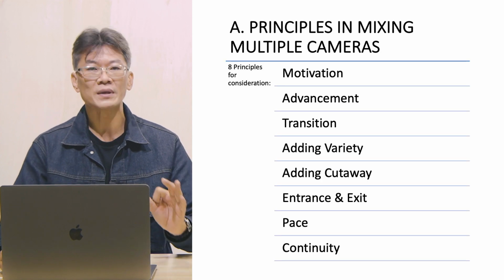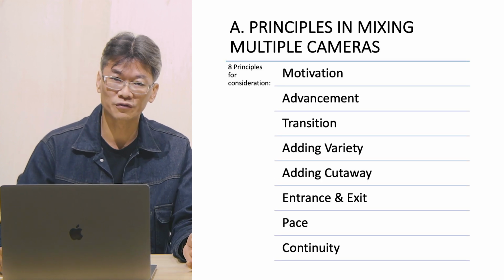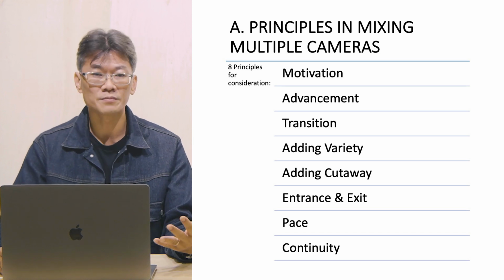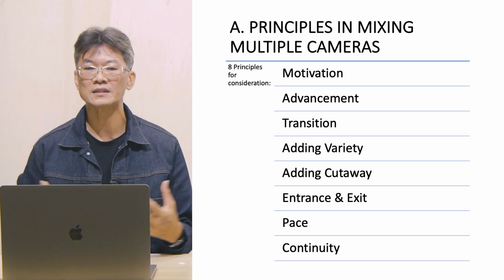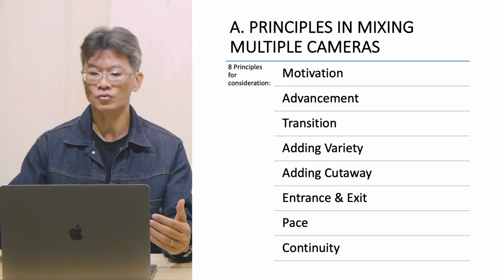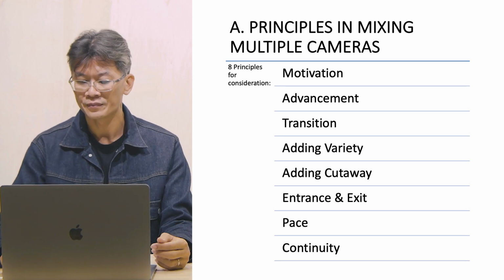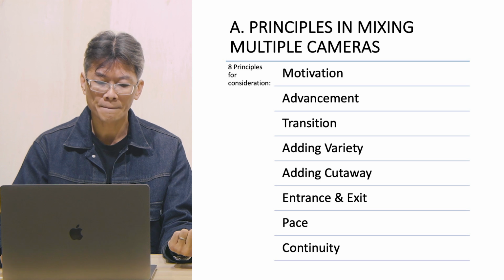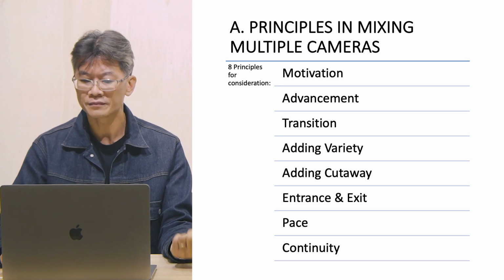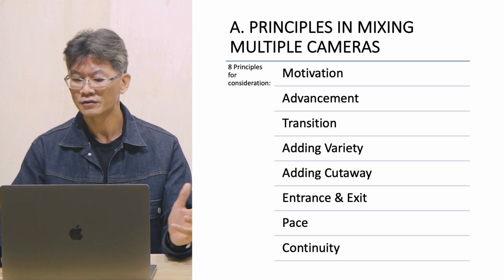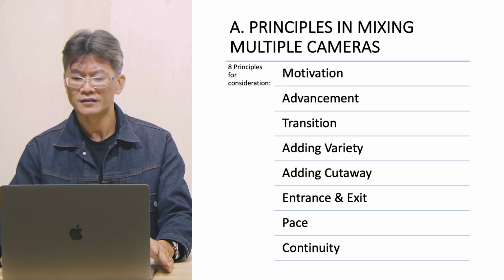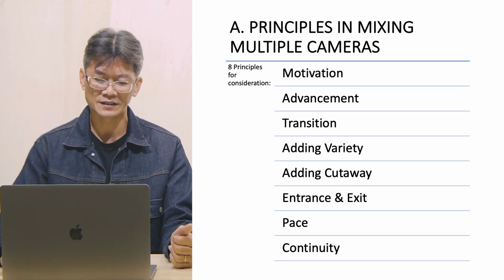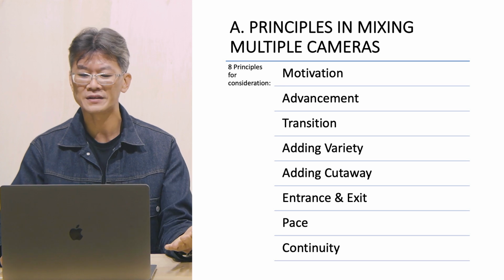Now, when you are mixing multiple cameras, there are principles involved. Here I list out 8 general principles that are useful for you to consider as you are mixing the cameras. When are you doing it? Why are you doing it? Number 1 would be motivation. Number 2, advancement. Number 3, transition. 4, adding variety. 5, adding cutaways. 6, entrance and exit. 7, pace.